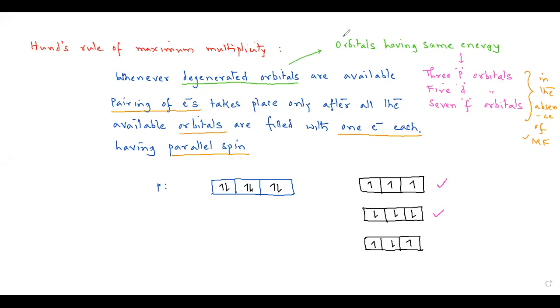No, this is not okay because this one has got a different spin, isn't it? So this is what I want to say. Parallel spin means having the same spin. This is what Hund's rule of maximum multiplicity says.